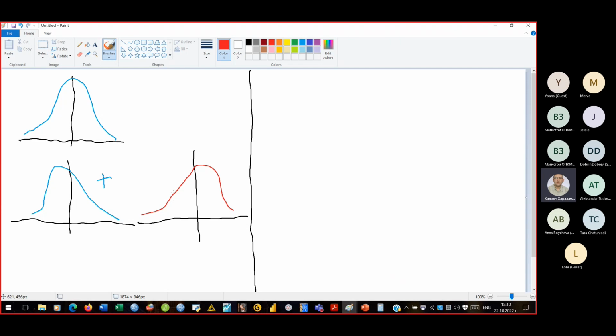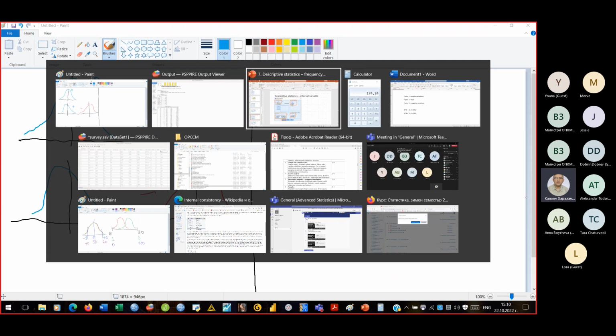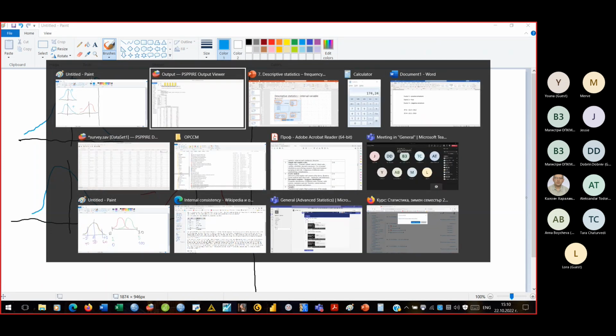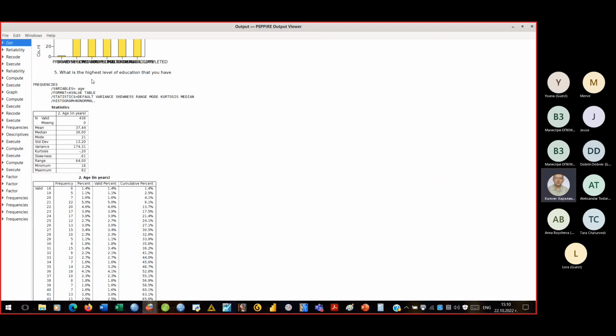For left skewed distribution, the sign of coefficient is minus. And when we have symmetry, then the coefficient is 0. So here we have 0.6, the sign is plus.